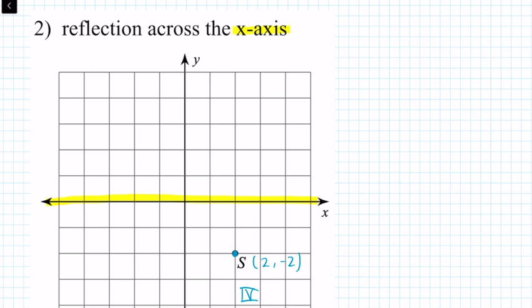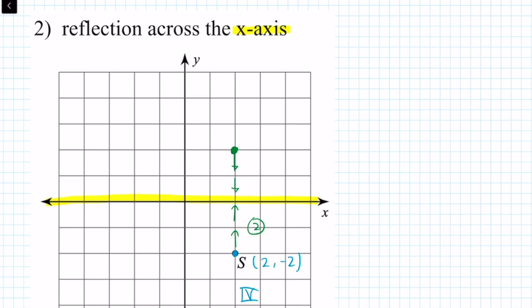So let's see how far that point is from the x-axis. We count 1, 2 units away. So we're 2 units away from that line of reflection. From that same point, we're going to be that same distance, but on the other side of the line of reflection. So we are 2 units away from that line of reflection.